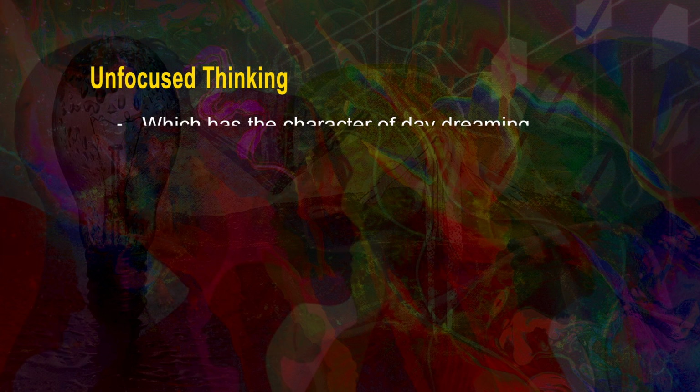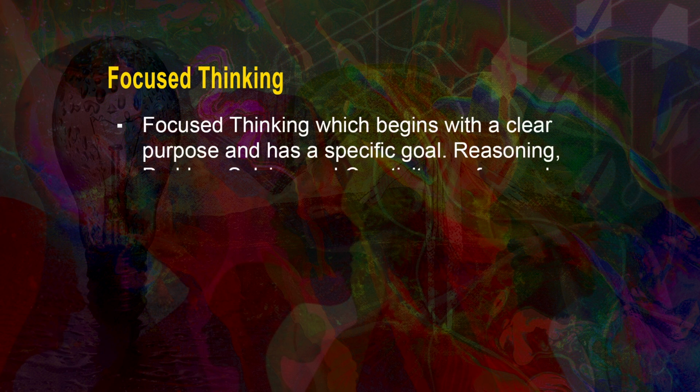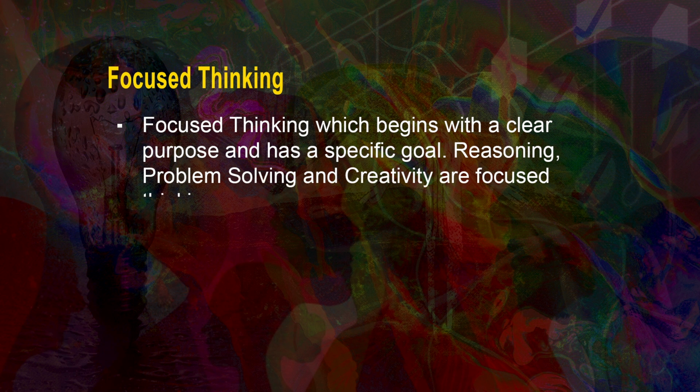This suggests that there may be different types of thinking. They are as follows. Unfocused thinking, which has the character of daydreaming without a clear purpose, aim or direction. Focused thinking, which begins with a clear purpose and has a specific goal. Reasoning, problem solving and creativity are focused thinking.